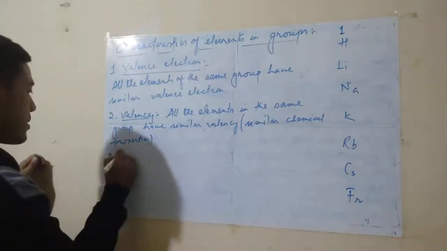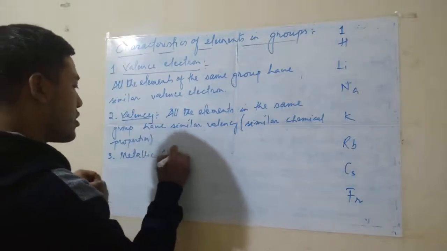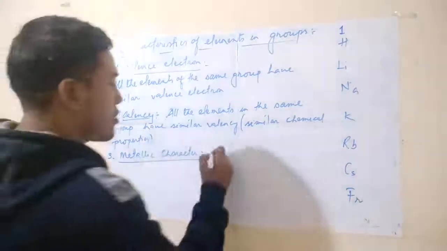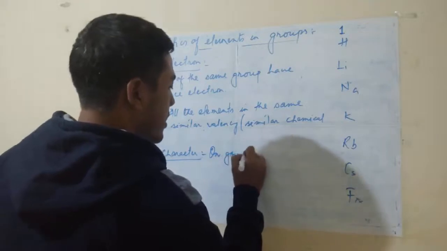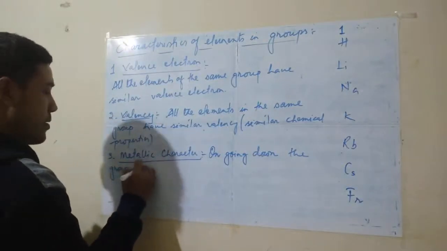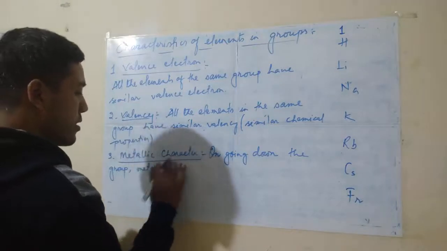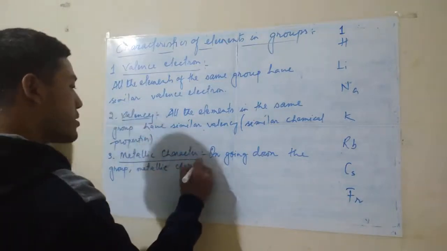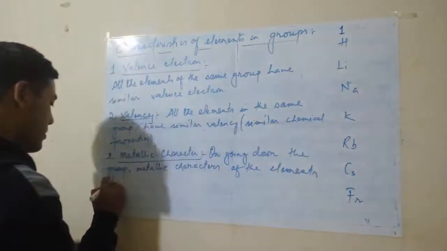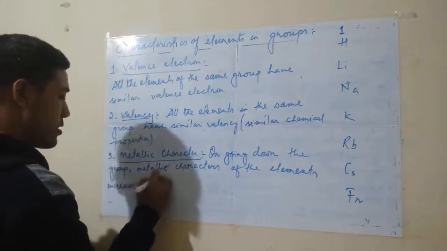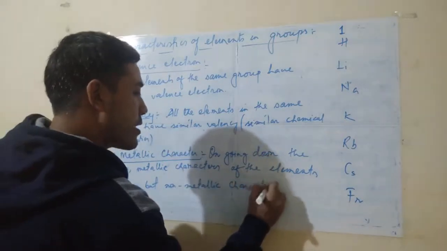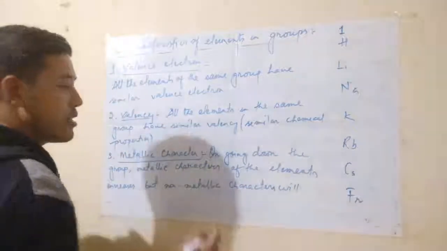Okay, number 3, metallic character. On going down the group, the metallic character of the element increases, but the non-metallic character will decrease.